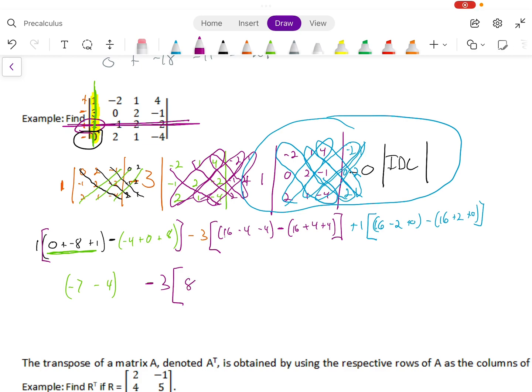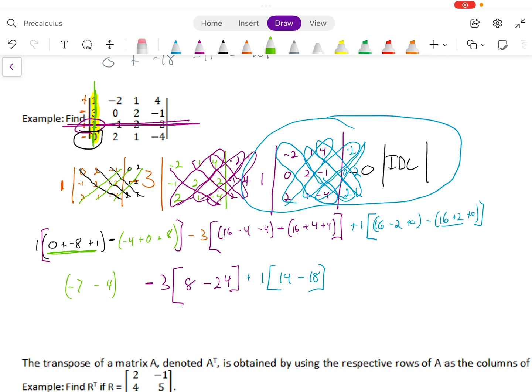We have 8 minus 24. And then the last one, we have 14 minus 18.